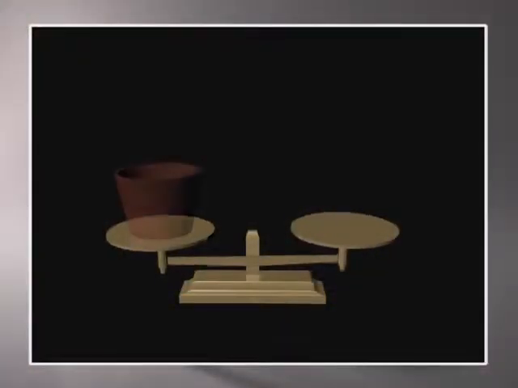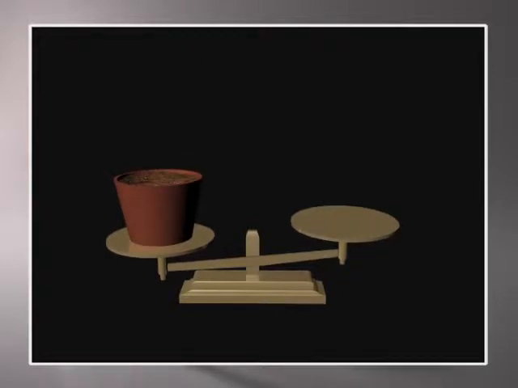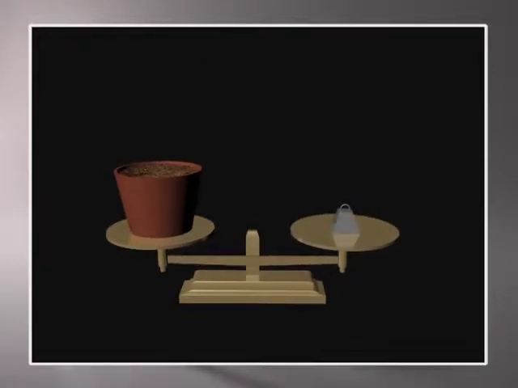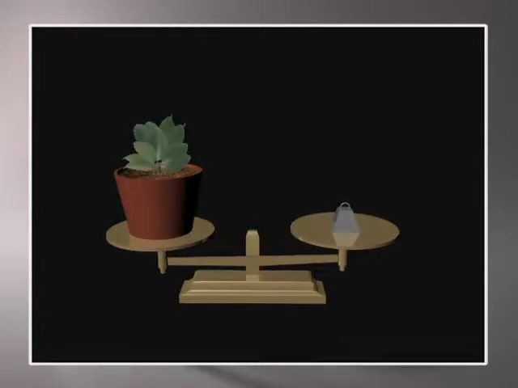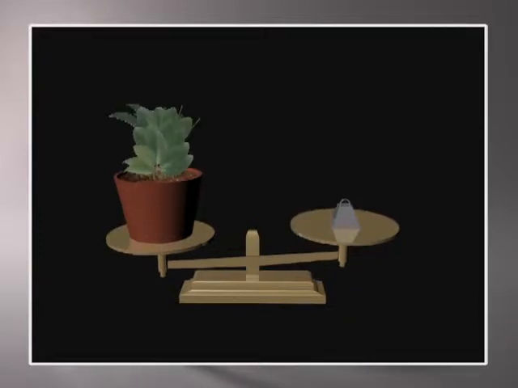But what about living things? Well, let's do this. We'll take a container, fill it with dirt, and use some sort of balance to balance its weight against something else. Then we'll plant a small tree or a bush or something. And then for the next few months or years, we'll add absolutely nothing to it except water. Nothing.